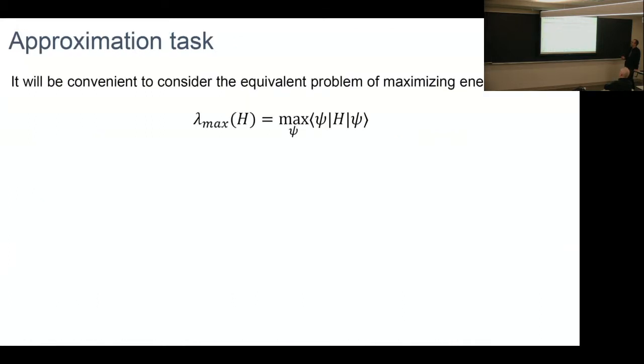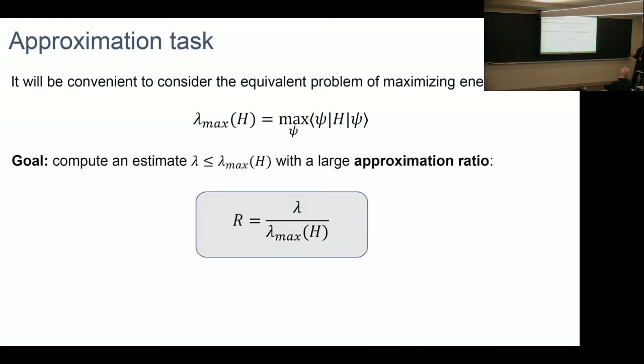Okay, so what is our approximation task? Let me be a little bit more precise. I was talking about ground energies before, but now I'm going to flip the sign of the Hamiltonian and talk about maximal energies, because it's going to make it easier to define the problem. So we're going to maximize the energy of the Hamiltonian now. Lambda max is just the maximum eigenvalue, and that's what we want to approximate.